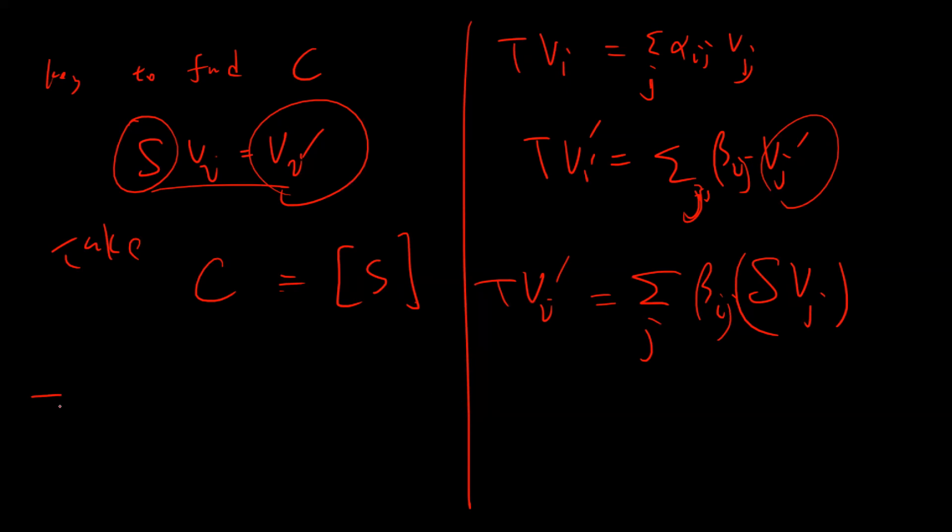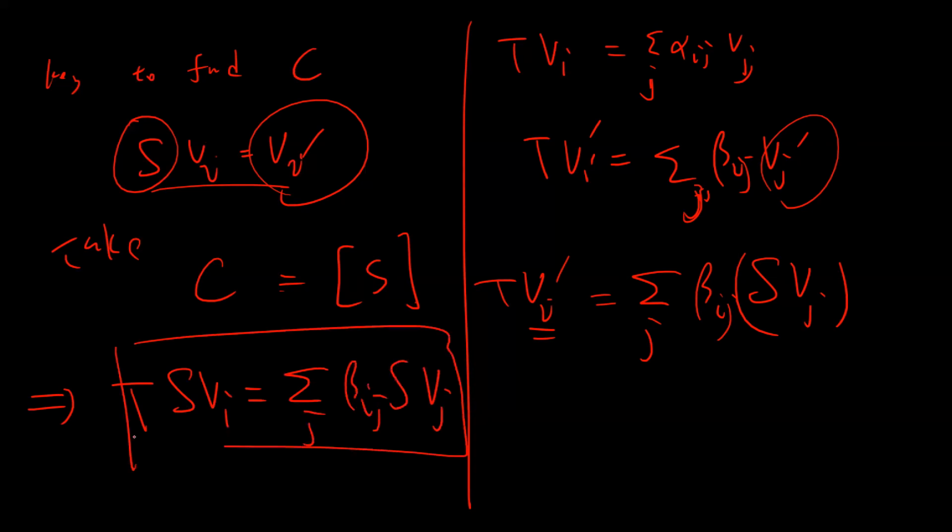And I also plug in this, so I get TS(Vi) equals the sum over j of beta_ij S(Vj). So you have this. From these two, we get TS(Vi) equals this, which tells you that the matrix representation of TS will be this.